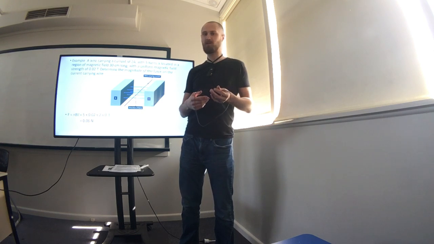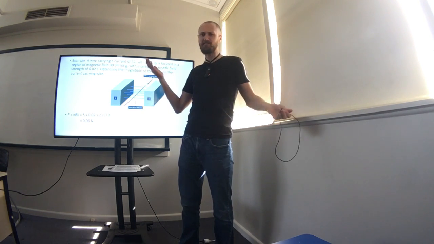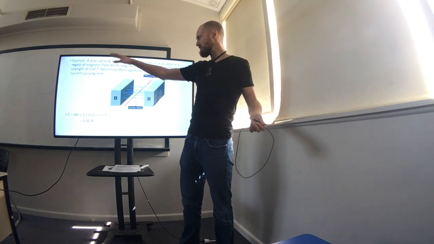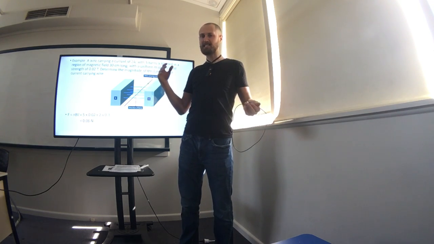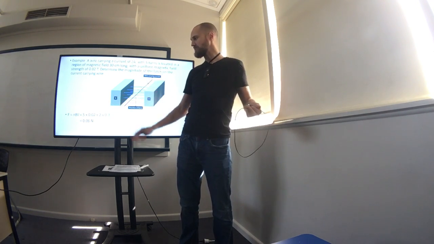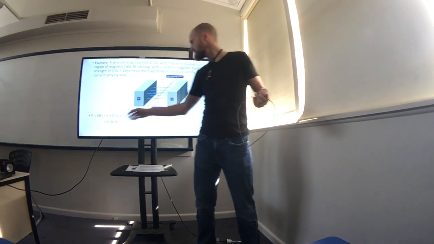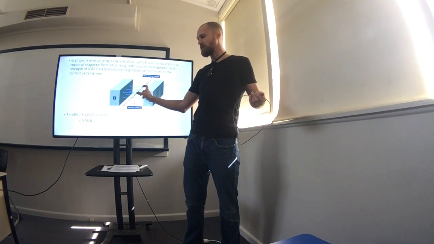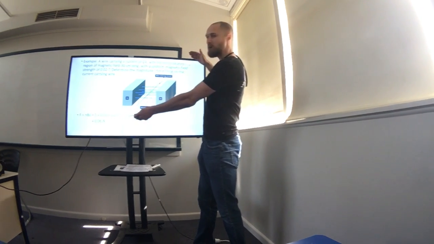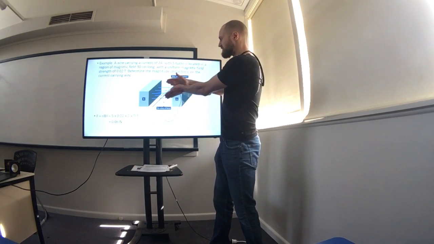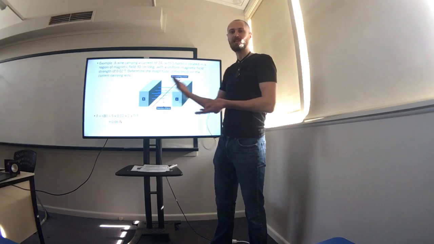So if I was told that my wire was a meter long, for example, and given this other information exactly as it is here, and I was asked to do a calculation, the L in my equation is what length of the wire is located within the magnetic field. So it doesn't matter how long the wire is. All that matters is the part of the wire that's located within the magnetic field.